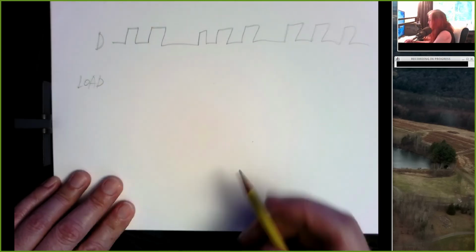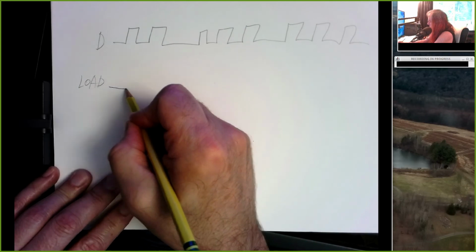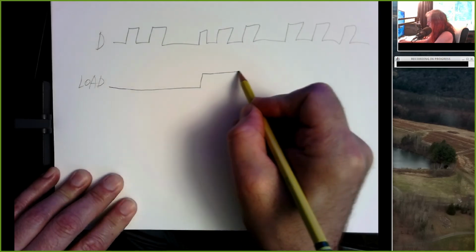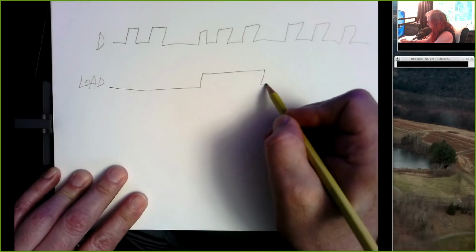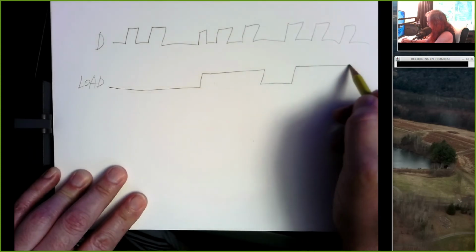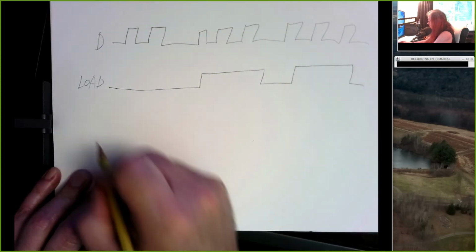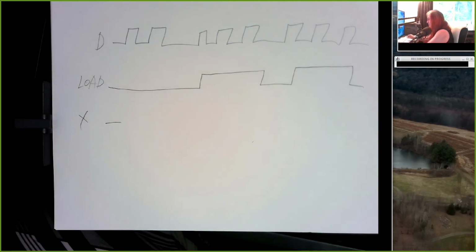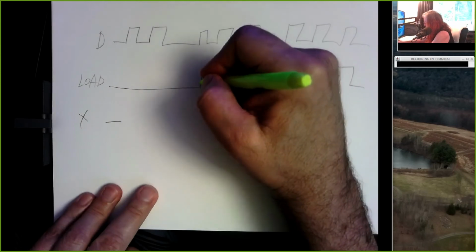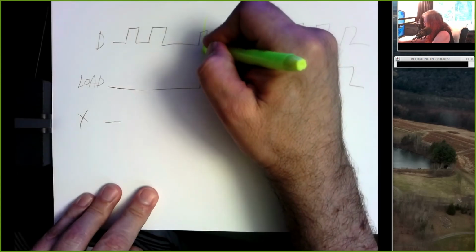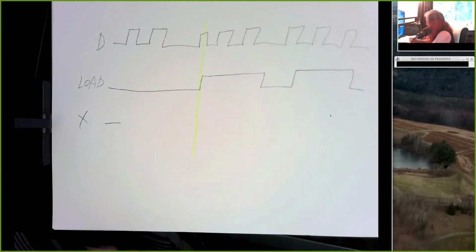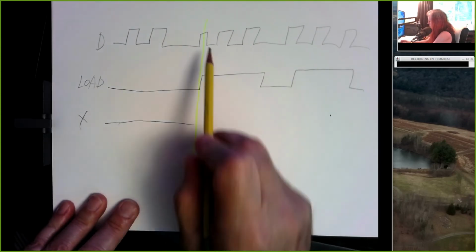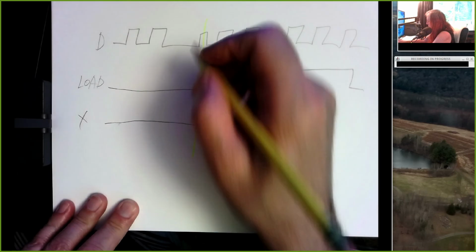So here's the D input, here's our load line. And here's our output X. Let's suppose X begins low. At the point where the load line changes from 0 to 1, that's the instant where we want our circuit to look at the D input and say, oh, at this moment D is a 1.